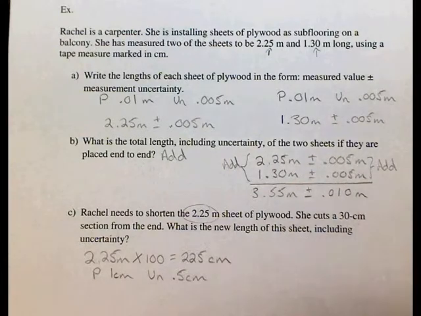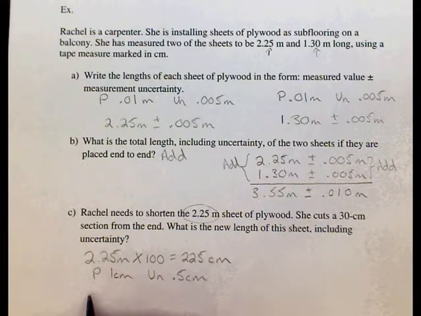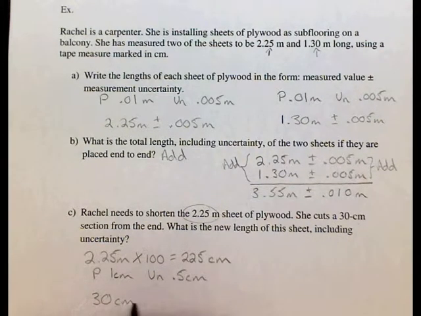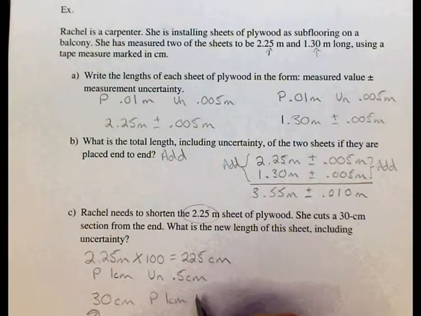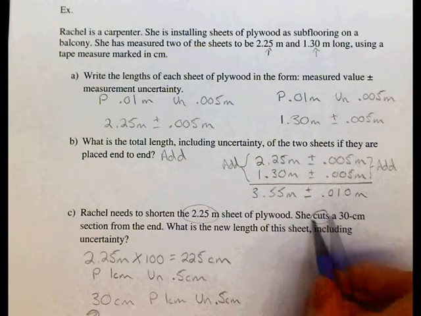Let's do my shorter piece, the 30 centimeters, the piece we're cutting off. 30 centimeters has a precision of 1 centimeter. The 0 is my last digit. My place value is the 1's. And it has an uncertainty of half a centimeter. Now, because we are cutting these pieces, this is subtraction.